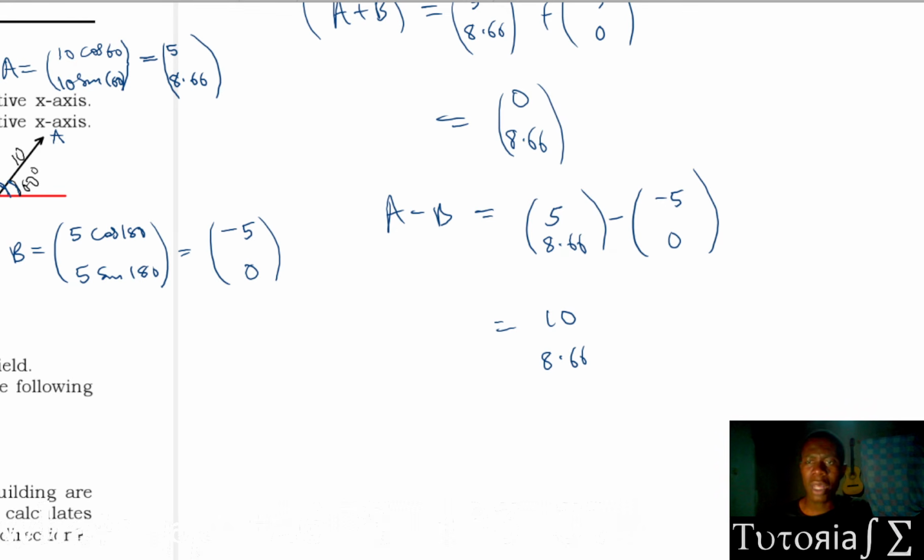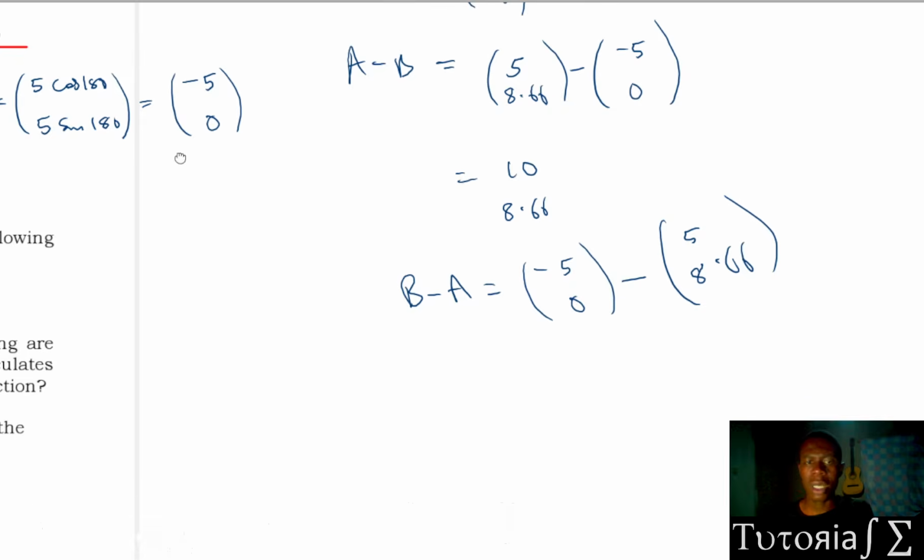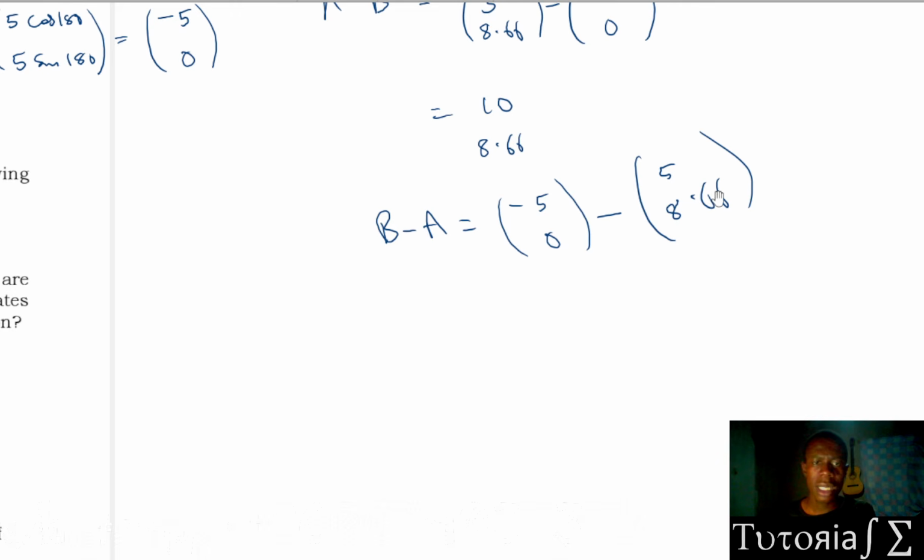Another example that is not there, maybe you have B minus A. Again, you do the same thing. You start with your B. In this case, this is our B, -5 and 0, minus our A, which is 5, 8.66.